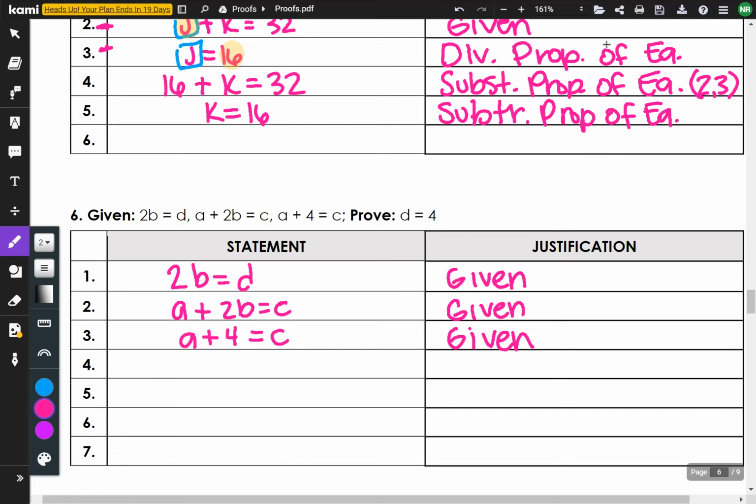Do any of these statements have something in common? You can change out 2b, so what would you be combining, Brock?